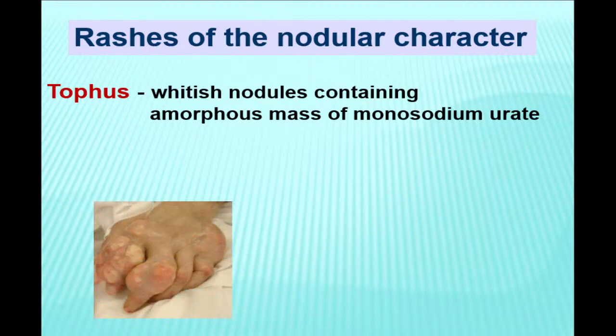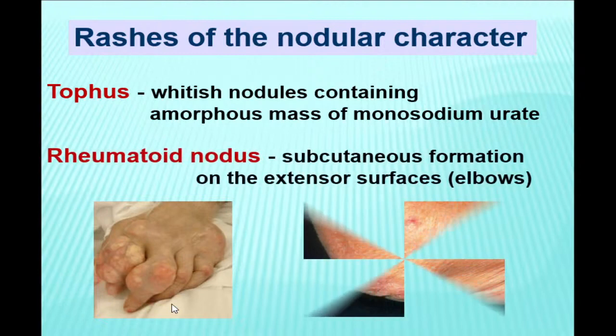Tophus is a specific nodule containing an amorphous mass of monosodium urate, the salt of uric acid, which deforms and destroys the affected joint.